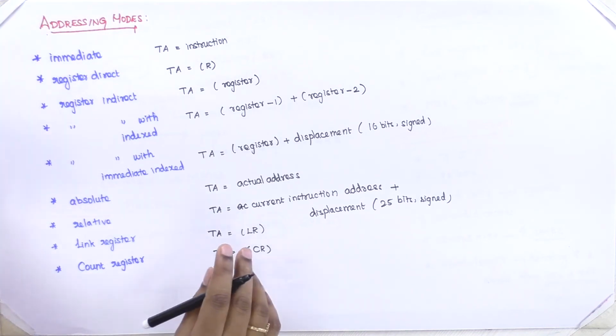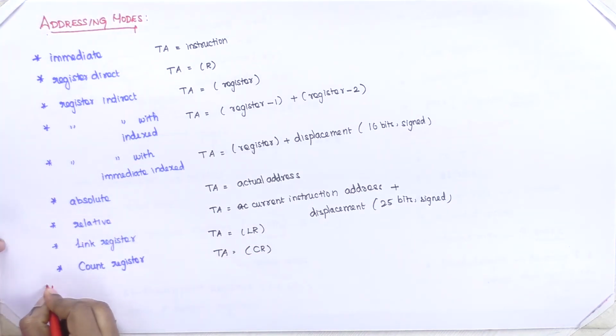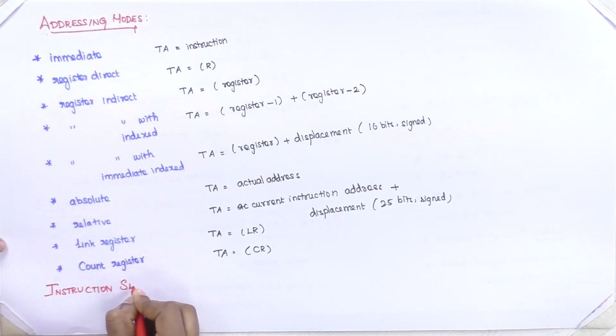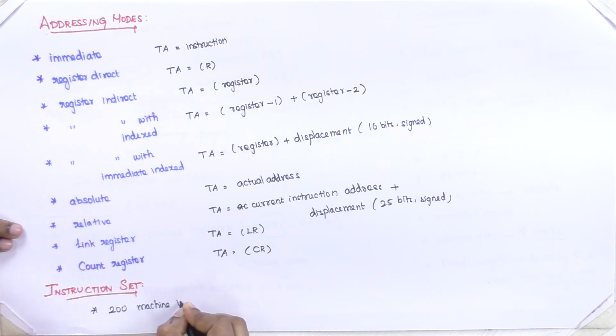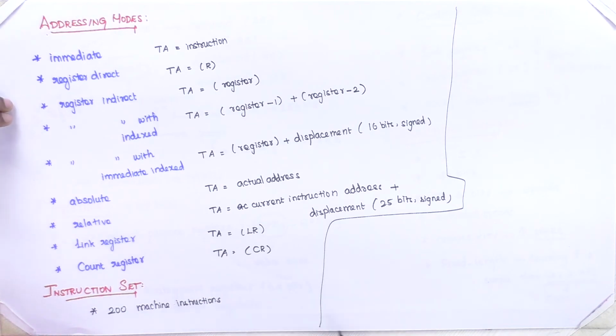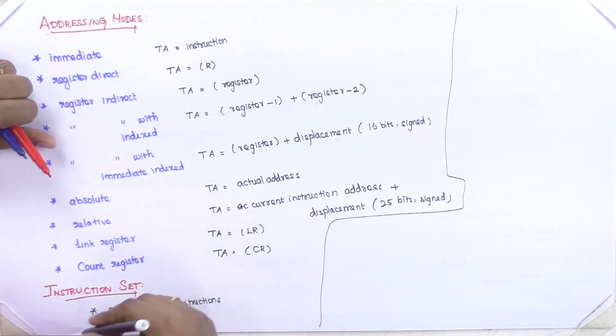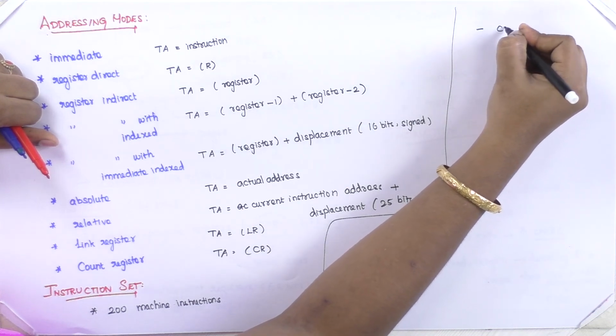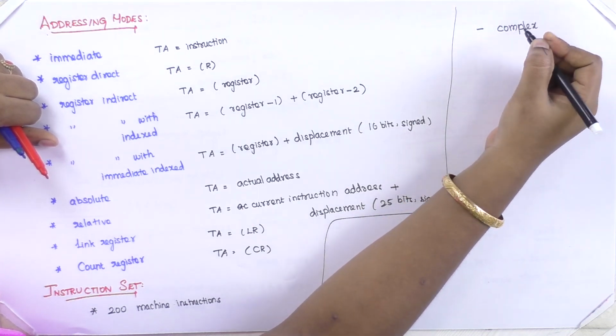Next hardware feature is instruction set. Coming to the instruction set, we have at most 200 machine instructions. All these machine instructions are very much complex in our RISC architecture.